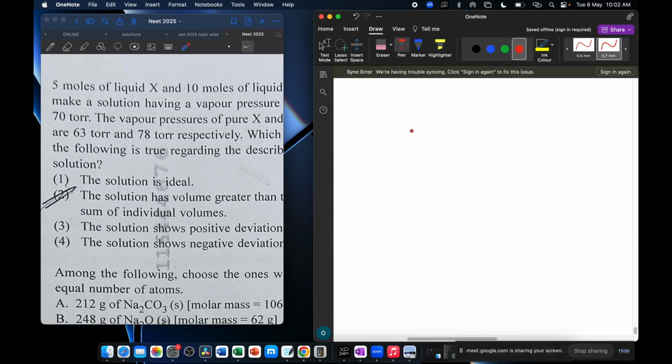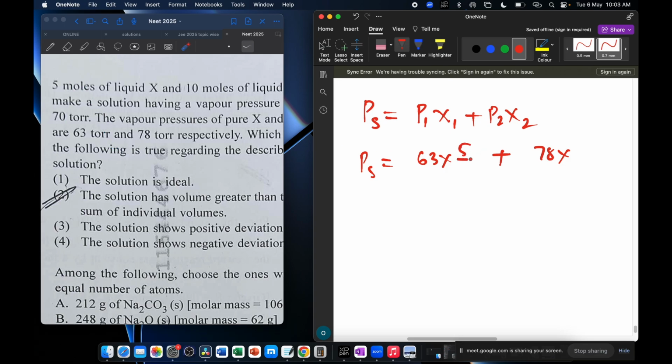So first of all, we will find the Ps. Ps equals P1 into x1 plus P2 into x2. Right? So Ps equals P1, how much did he give? 63 into x1, which is 78 into. So 63 corresponds to X, so X moles is 5 by 15. So this is 10 by 15.